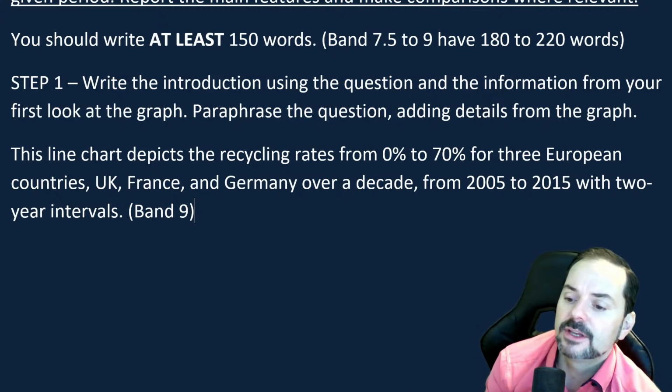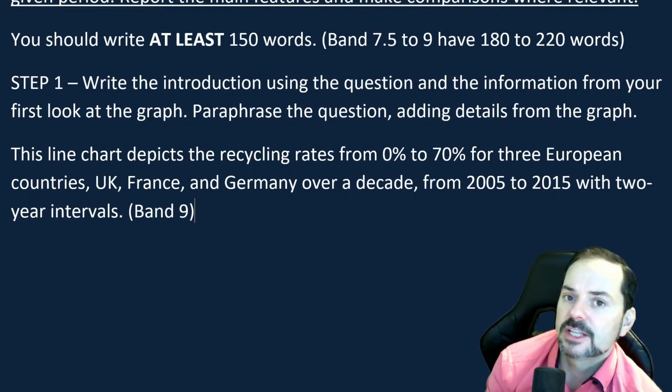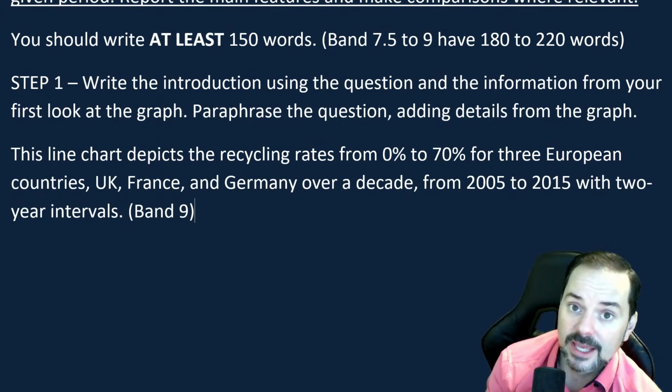So instead, Joao, add the line graph. Let the examiner know that you realize that you're dealing with a line graph. Okay, so the line chart depicts the recycling rates of European countries, not such as, because it's not an example. It is those countries. Okay, Joao. So of European countries, comma, UK, France, and Germany over a decade. And then you don't need to paraphrase, describe the principal characteristics.